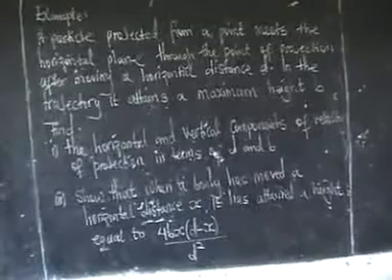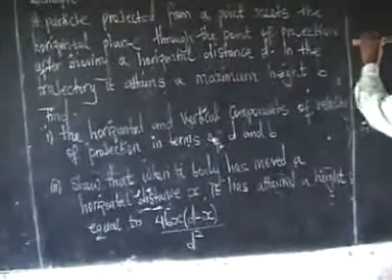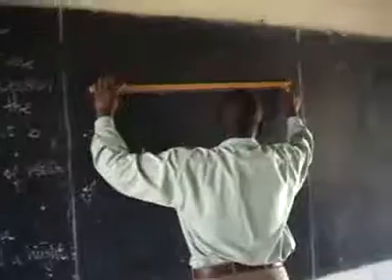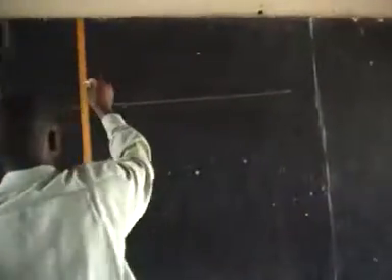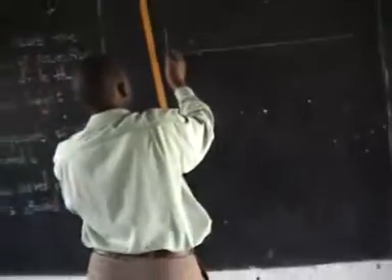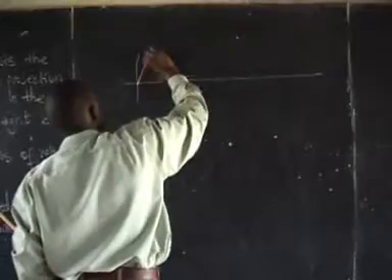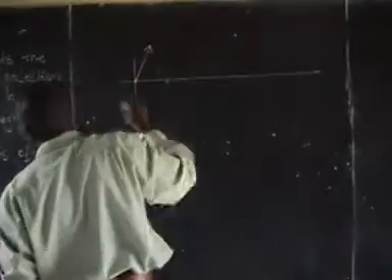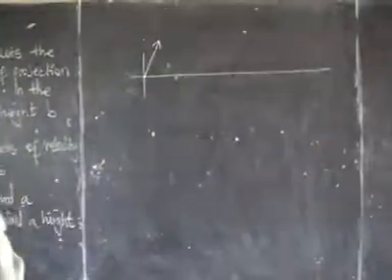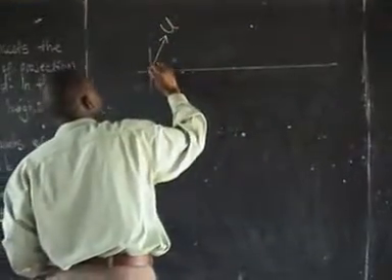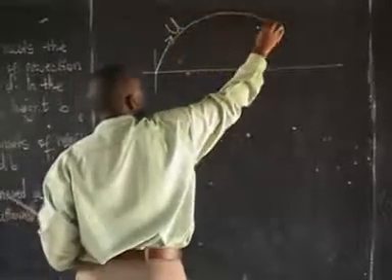A particle is projected from a point and meets the horizontal plane. So taking this as our horizontal plane, and this as the point of projection, the particle is projected with the initial speed, call it U. It will move and describe a parabolic path.